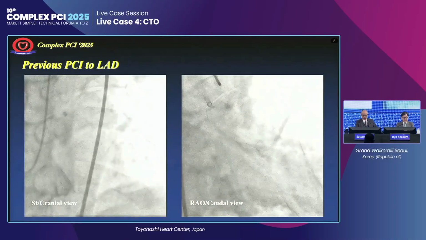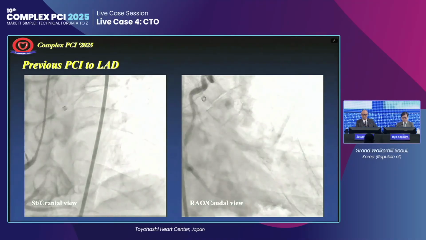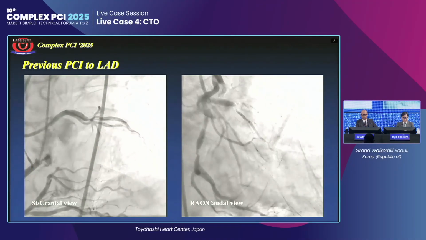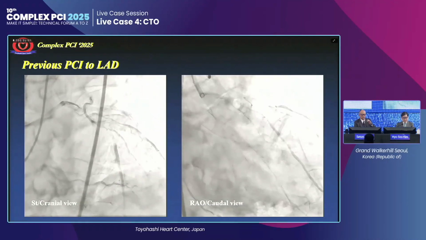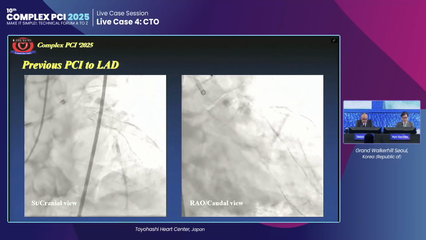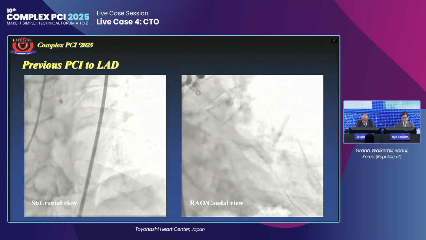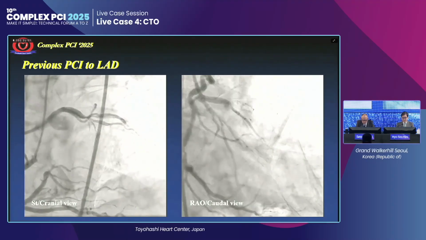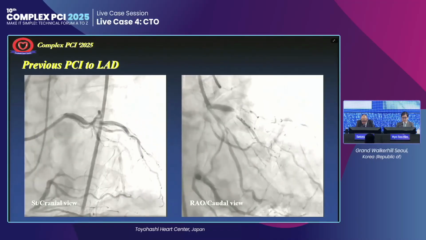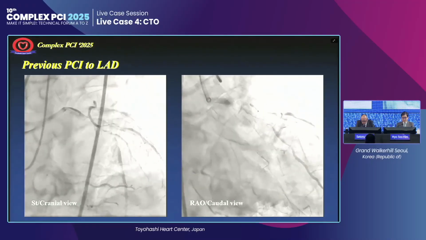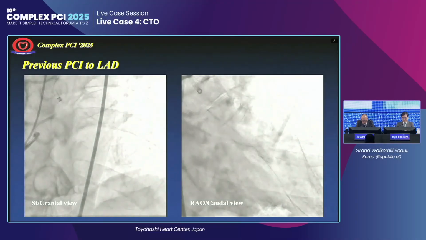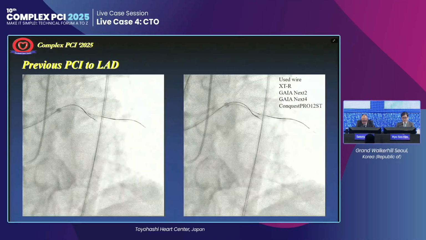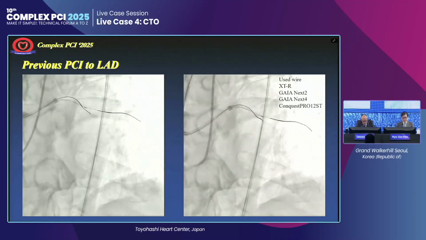This is the PCI for the LAD. You can see the distal segment includes a bifurcation and is very short. The RCA also has a very tight stenosis, so in this case we only focused on the antegrade approach.